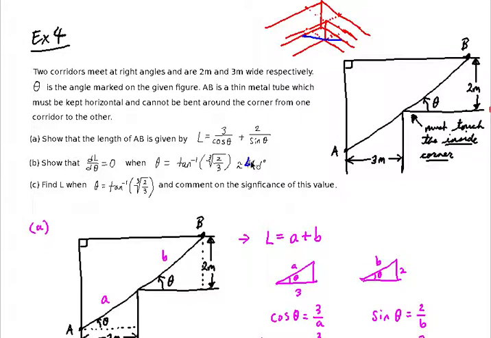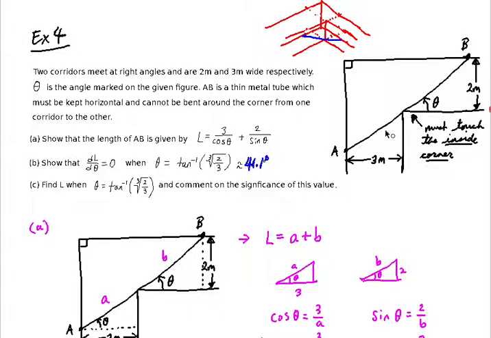Let me redraw that so it's a little bit clearer. And then part C says find L when theta is this angle, and comment on the significance of this value.